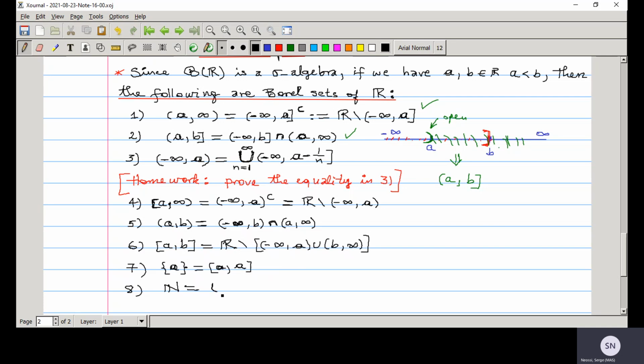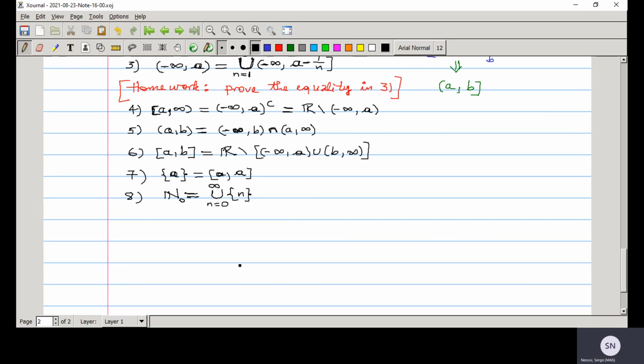Why? Because it will be the union of singletons n, where n is in N. We can take from 1 to infinity. I can even add 0 here, so you can take this from 0 to infinity. Or if you want to start from 1 to infinity, then you remove this 0. So N0 or N, they are both there.